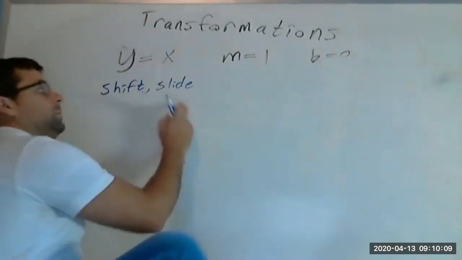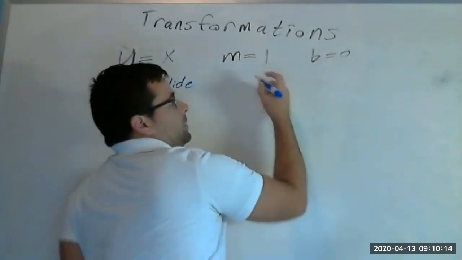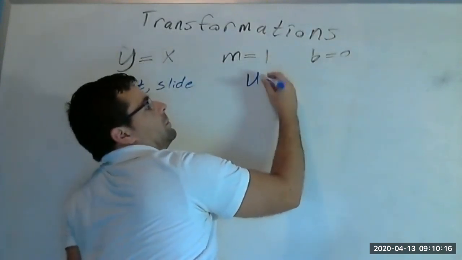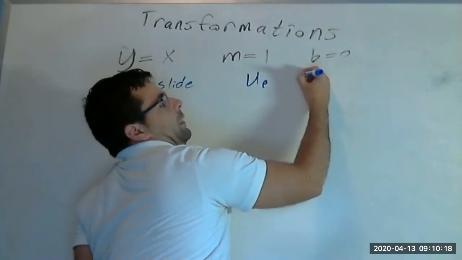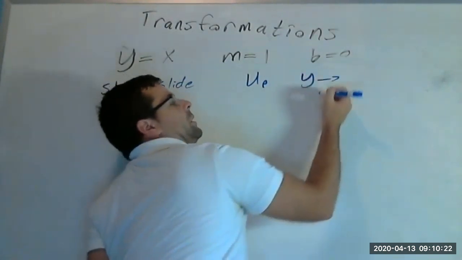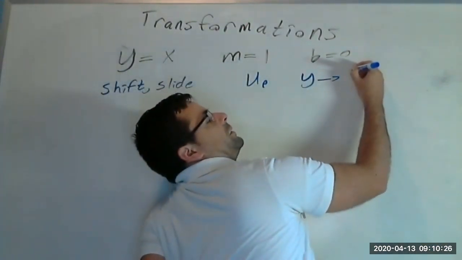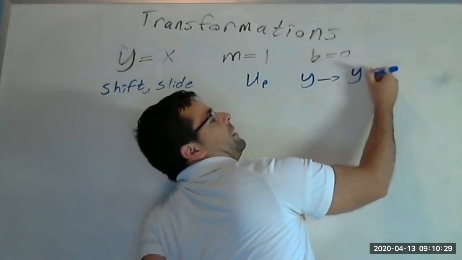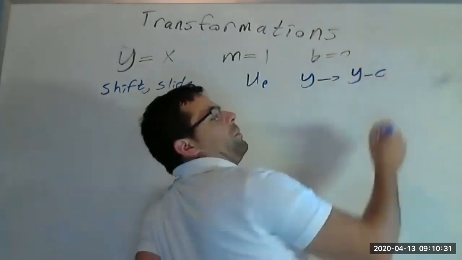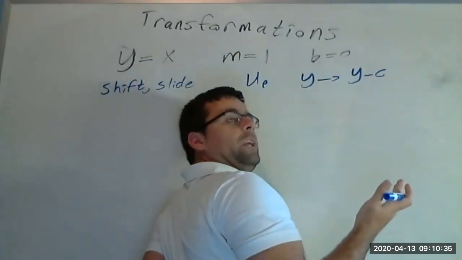If we want to slide this thing up, we take our y values and subtract something from them, which is the same as pulling the graph paper down underneath.